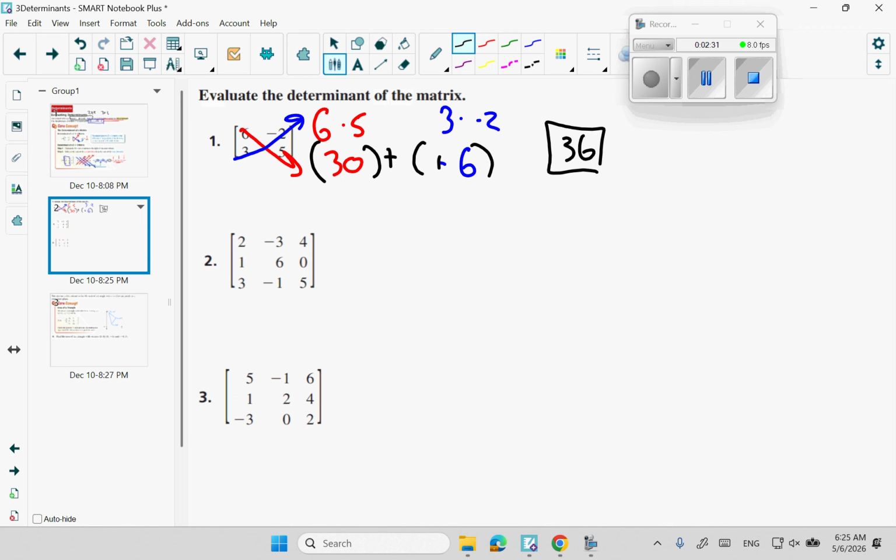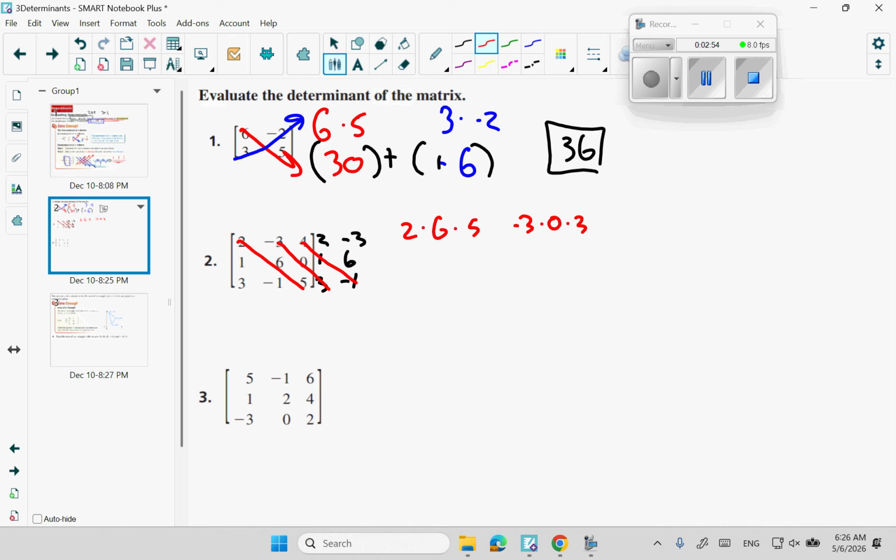Here I have a 3 by 3, so I'm going to rewrite the first two columns. So 2, -3, 1, 6, 3, -1. Multiply these three numbers together, so 2 times 6 times 5. Multiply these three numbers together, so -3 times 0 times 3.